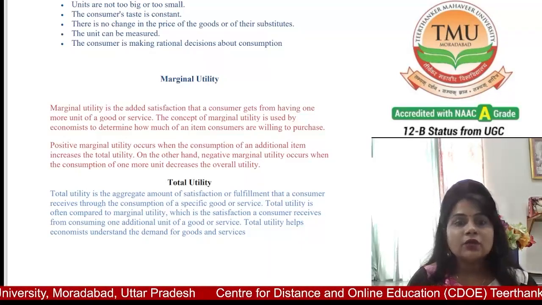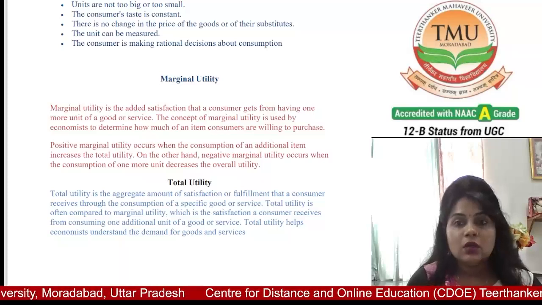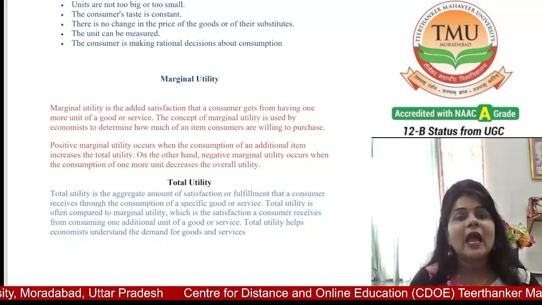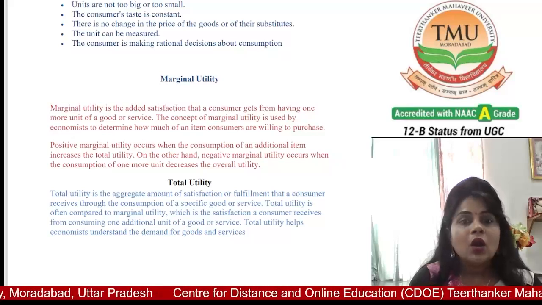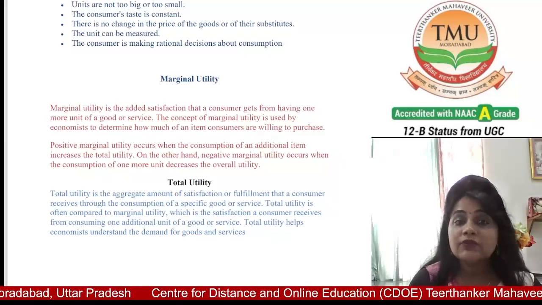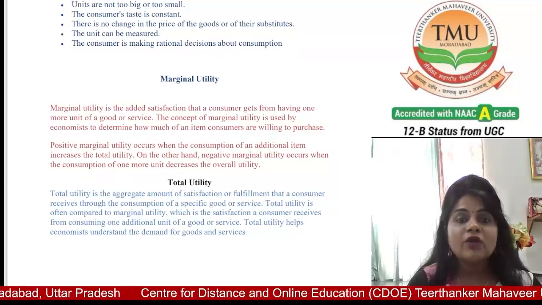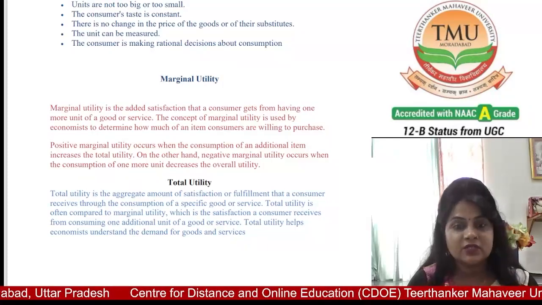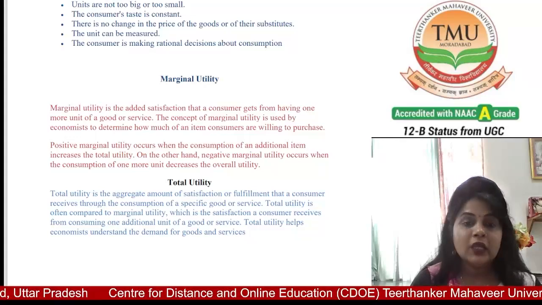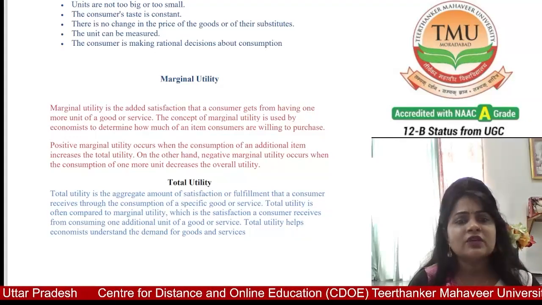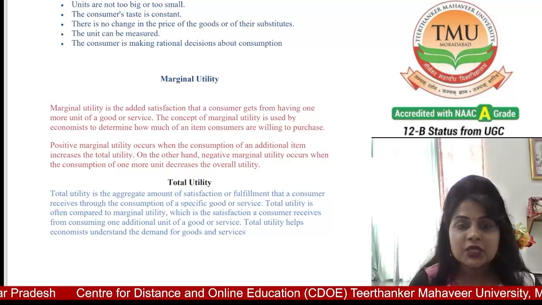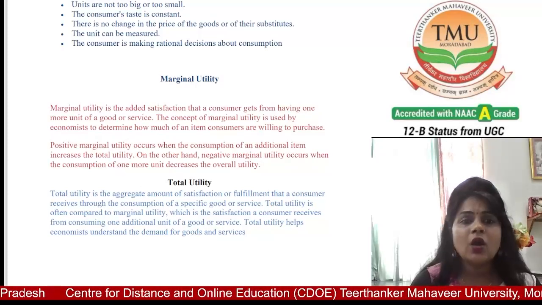Now we discuss marginal utility. Now we discuss what is total utility. Total utility is the aggregate amount of satisfaction or fulfillment that a consumer receives through the consumption of a specific good or service. Total utility is often compared to marginal utility, which is the satisfaction a consumer receives from consuming one additional unit of a good or service.